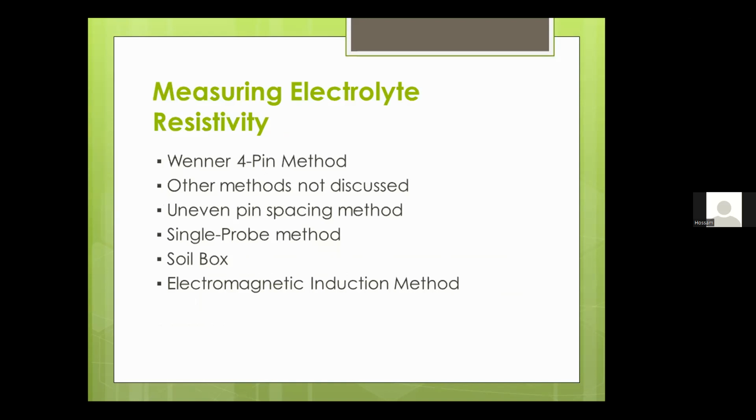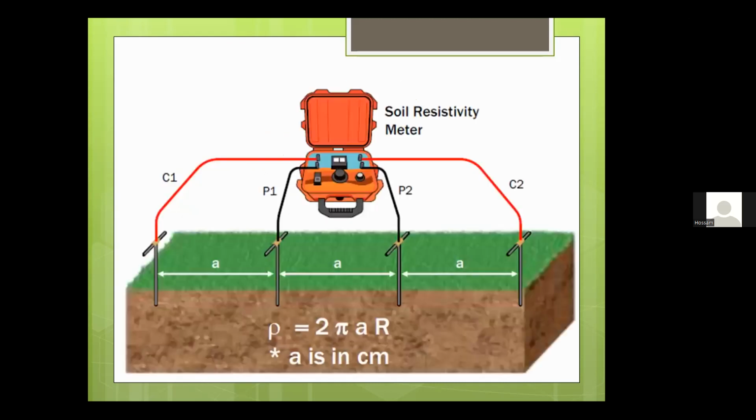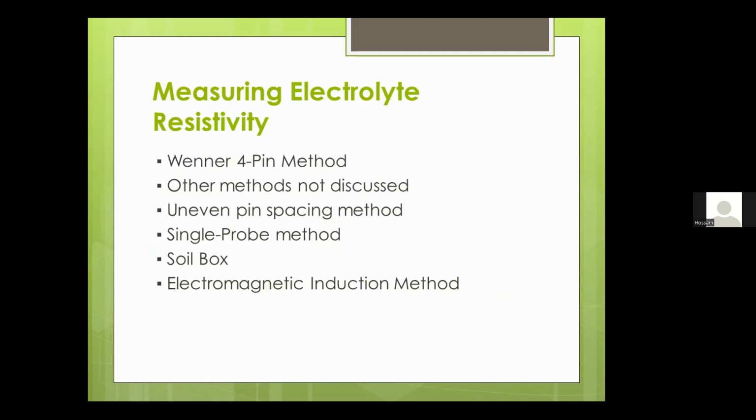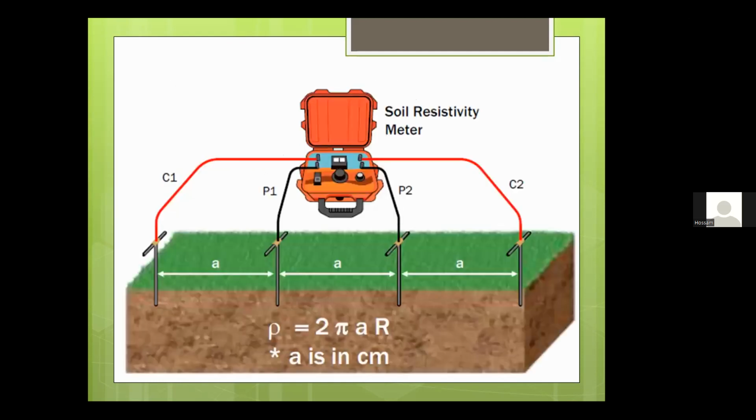Measuring the electrolyte resistivity uses the Wenner four-pin methods, or the soil box, or electromagnetic induction methods. Here is the four-wire Wenner method. We can use this device to measure the resistance or the resistivity of the soil.